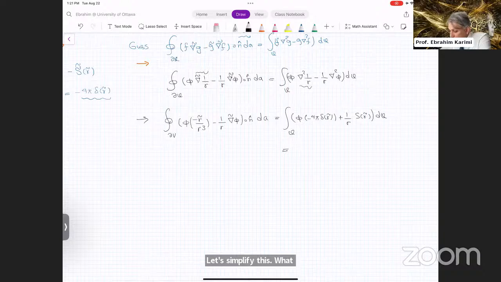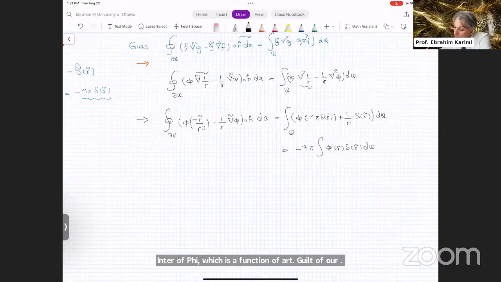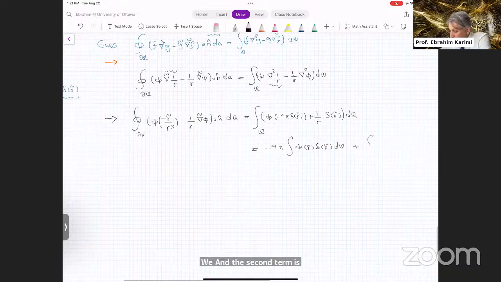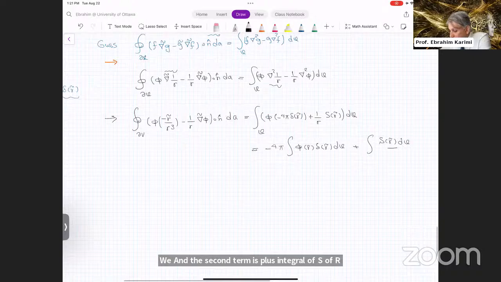What is happening with the first term? The first term is minus 4 pi integral of phi, which is a function of r, delta of r dV. And the second term is plus integral of s of r dV divided by r. That's on a volume.